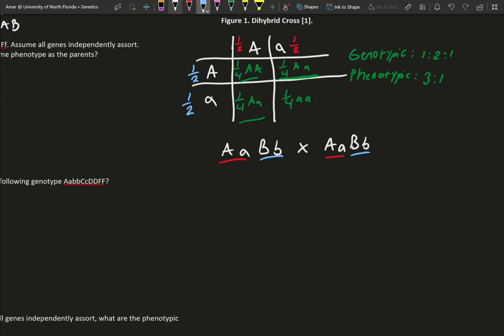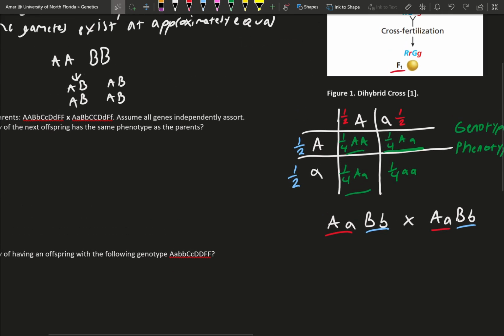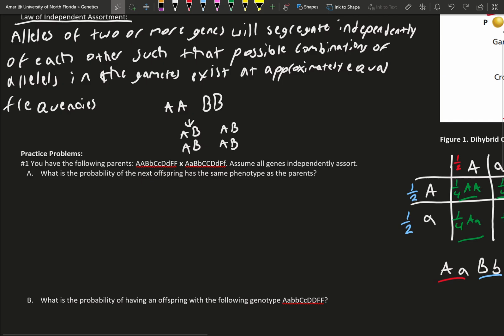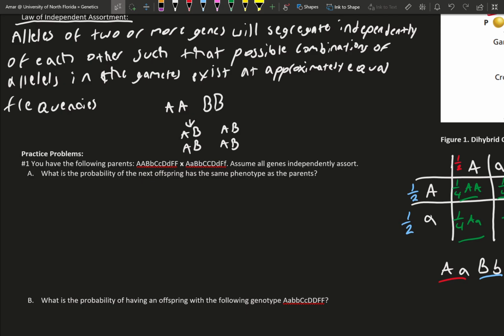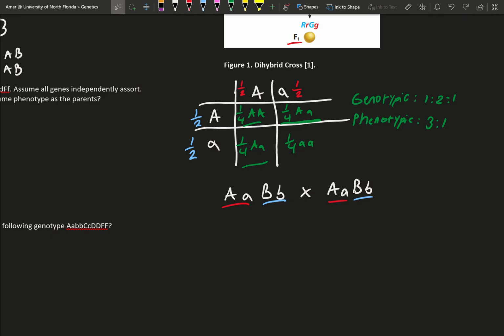So hopefully that makes sense. The way you're actually supposed to explain it is, like I said over here with the law of independent assortment, that each of the genes will independently assort away from one another. So the phenotypic proportion you get from a big A, little a cross with a big A, little a is completely independent of any other gene.